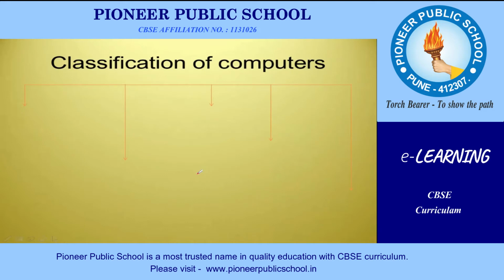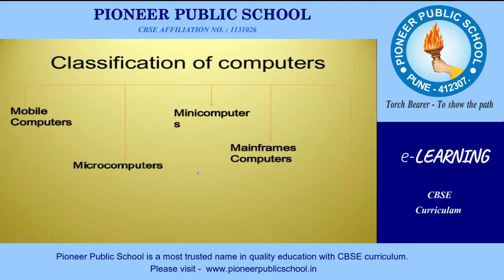Our first point is classification of a computer. On the basis of size, we can classify computers into 5 categories. First is mobile computers, second microcomputers, then mini computers, mainframe computers, and supercomputers.